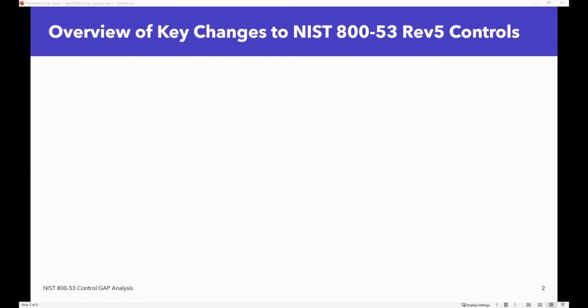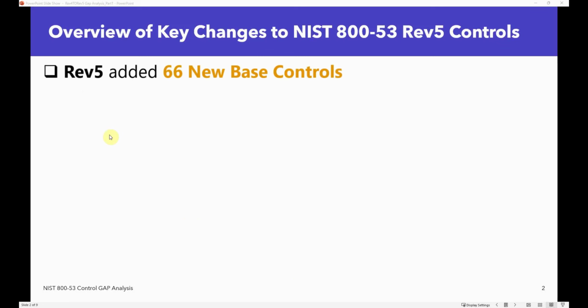All right, so now let's look at some of the key changes to the NIST 800-53 Revision 5 controls. Revision 5 added a total of 66 new base controls. The base controls are the parent controls, if you will, like AC-1, AC-2, AC-3, SC-1, SC-2, SC-3. Those are the base controls or the parent controls.